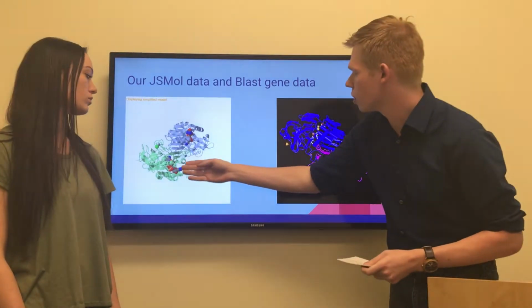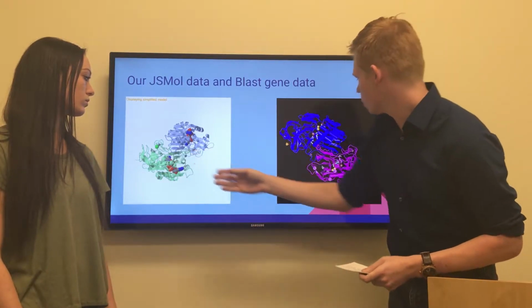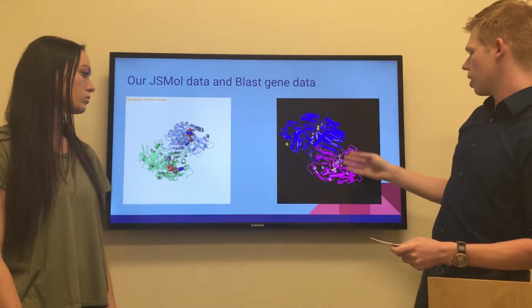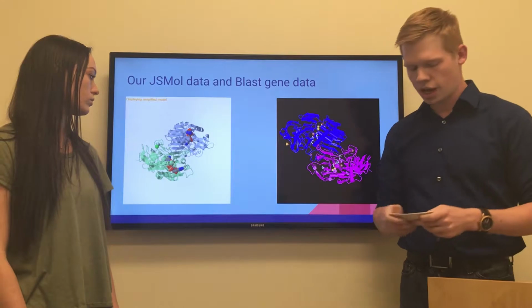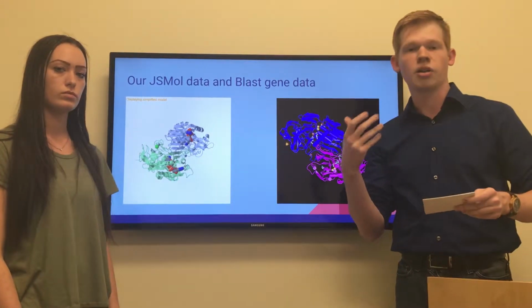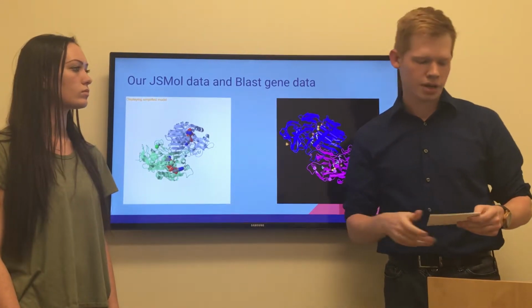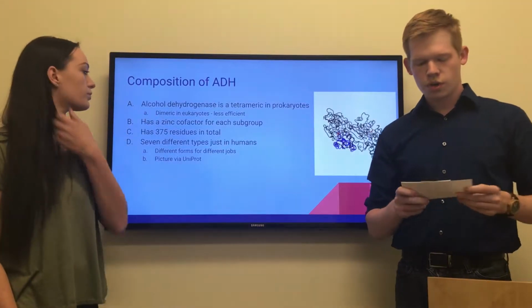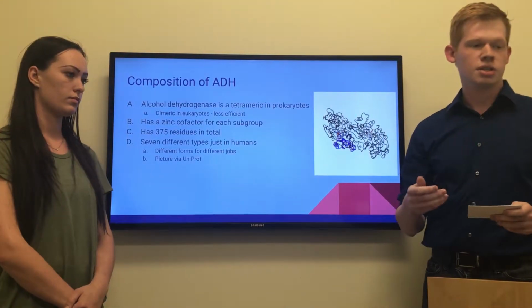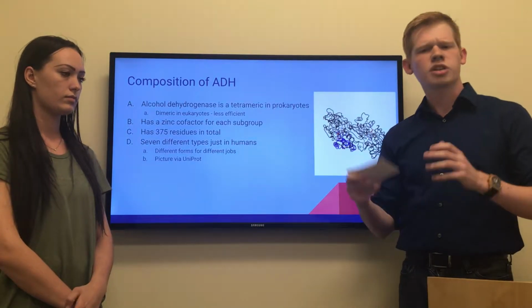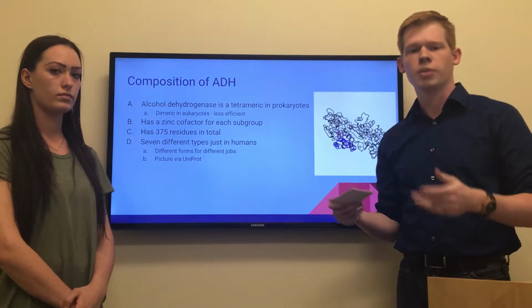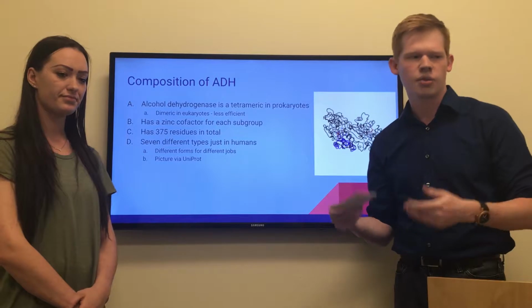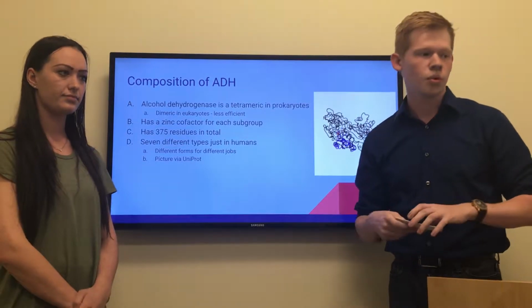And here we also see with the green, and later over here with the brown colors, that we have a zinc ion, which hints that we have metal ion catalysis within the mechanism. And then moving on to the composition of ADH, we know that the composition is tetrameric in prokaryotes, which actually makes sense because prokaryotes are so much better at synthesizing and breaking down alcohol, because obviously they would create it more.